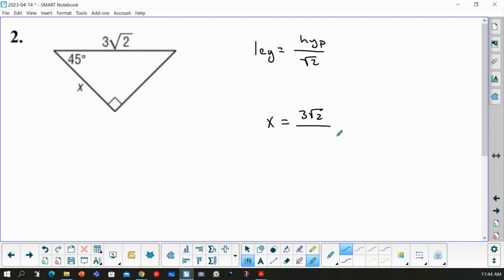Now, there's some simplifying I'm not going to make you do just yet, but if you have a square root of 2 in the numerator and a square root of 2 in the denominator, and you're not adding or subtracting, it's just multiplying, you can cancel those square root of 2s out. So the x ends up being just 3. So answer number 2 is 3.